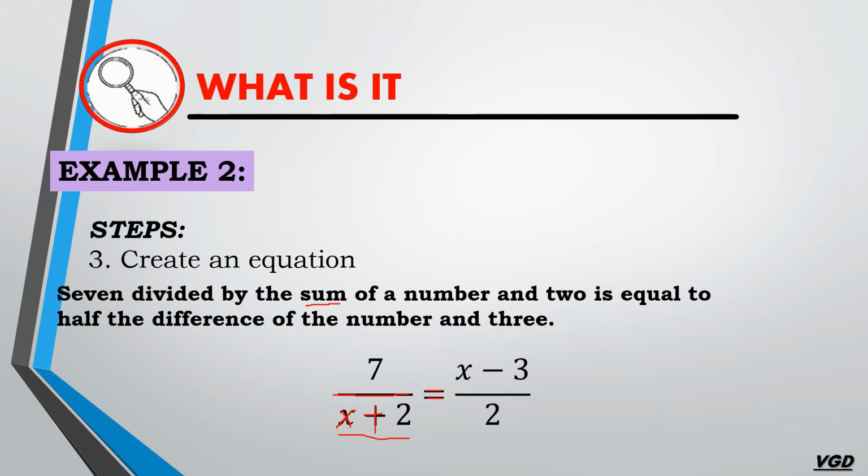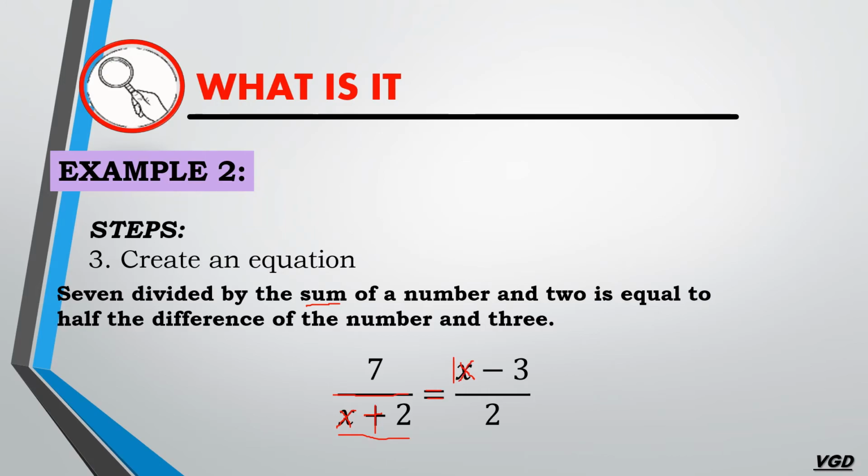This is equal to half the difference of the number and 3. Half means 1/2, there is an imaginary 1 there, so 1/2 of the number is just 1/2 x.